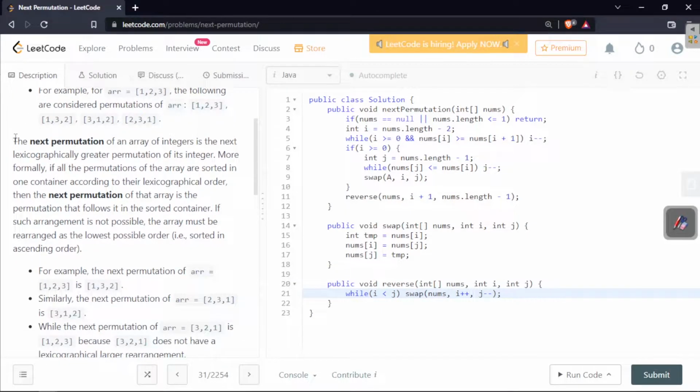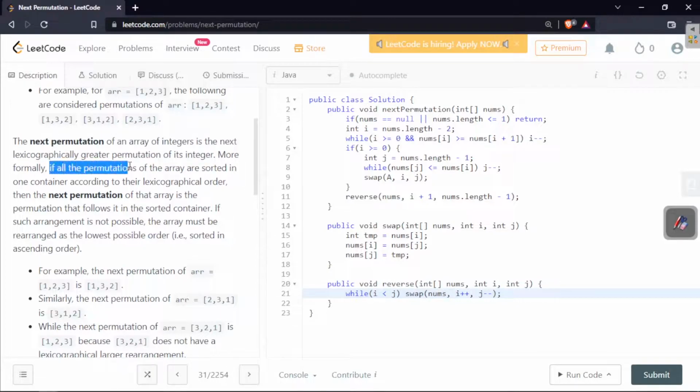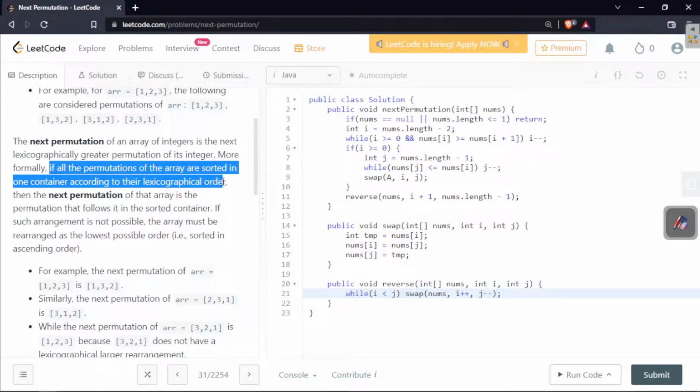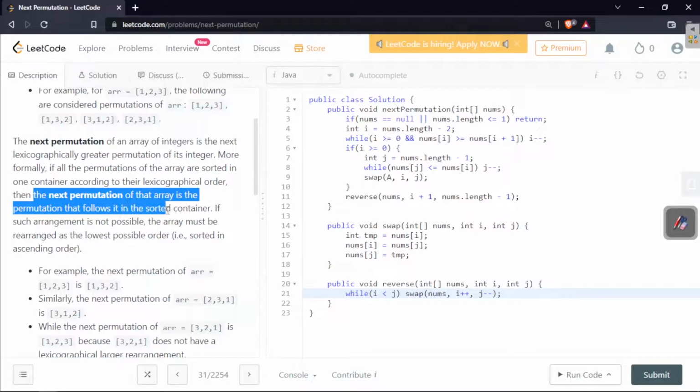So the next permutation of an array of integers is the next lexicographically greater permutation of its integers. More formally, if all the permutations of the array are sorted in one container according to their lexicographical order, then the next permutation of that array is the permutation that follows it in the sorted container.